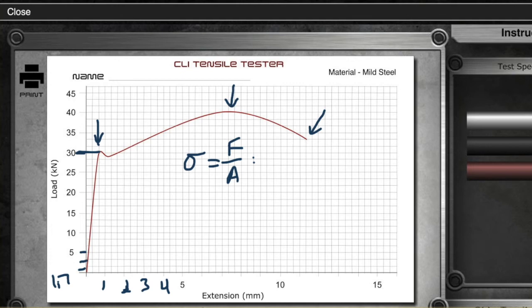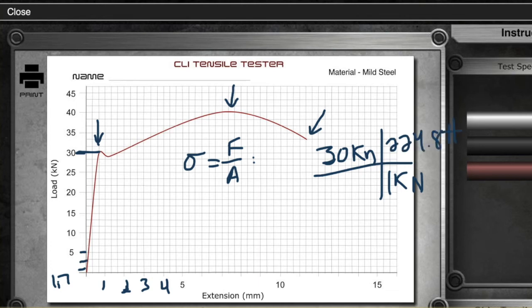So to do that, you have 30 kilonewtons, and if we're doing dimensional analysis, we have 1 kilonewton was 224.8 pounds. Okay, so I'm going to take 30 times 224.8 to get that, and that gives me 6,744.